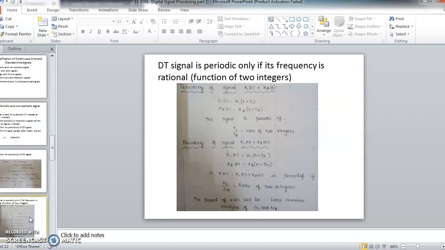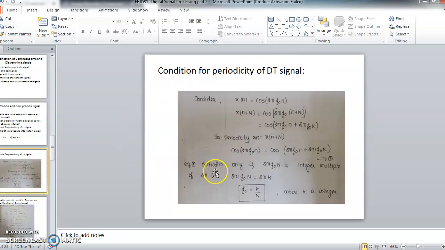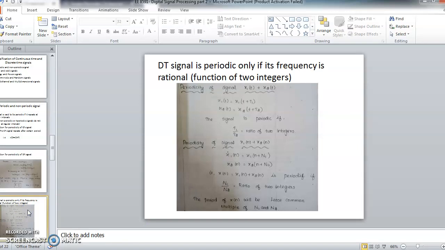Next, a discrete time signal is periodic only if its frequency is rational, and rational is nothing but a ratio of two integers. What we studied in the previous slide is finding f naught equal to k by N, and by applying this we get the values k and N. How is it applicable in a continuous time signal?